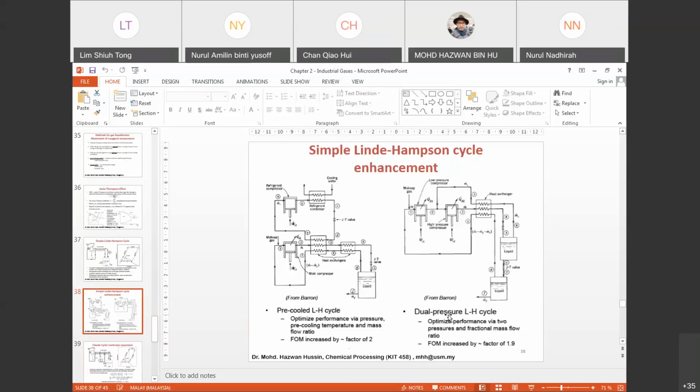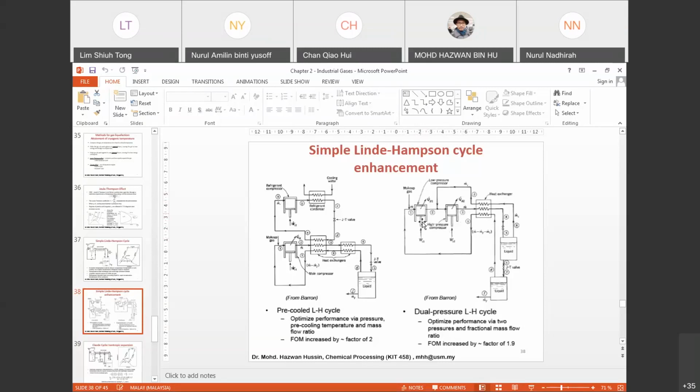And for the dual pressure enhancement cycle, this has a different principle, because over here the makeup gas will go into the first compressor, and next it will go into the second compressor. The difference between these two compressors is that the first compressor applies at a lower pressure, so the amount of work or load applied is not as high as the second compressor.